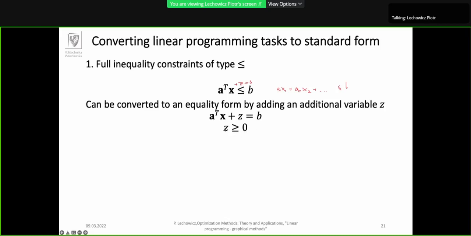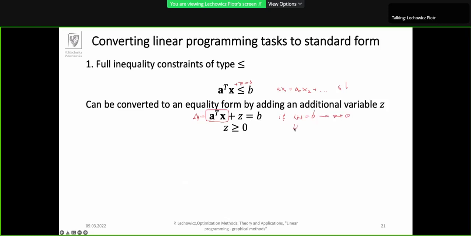So we introduce a new variable, and this part of the equation can be equal to any value lower or equal than b. Let's call it the left-hand side. If the left-hand side is equal to b, then z is equal to 0, and the equality is correct.